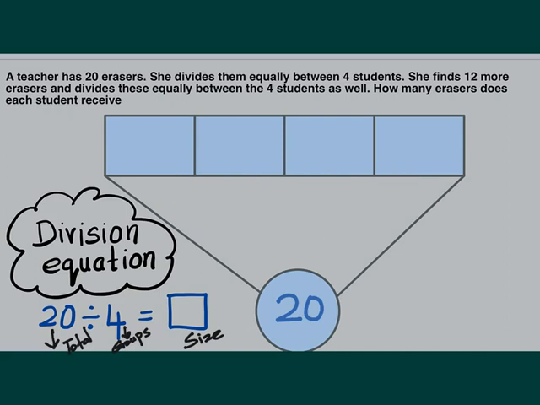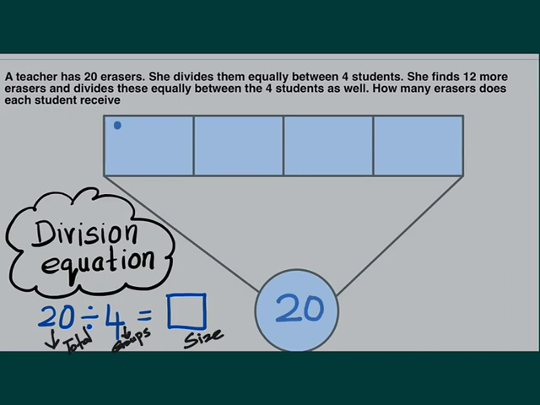Let us now divide 20 divided by 4. So 1, 2, 3, 4, 5, 6, 7, 8, 9, 10, 11, 12, 13, 14, 15, 16, 17, 18, 19, 20.